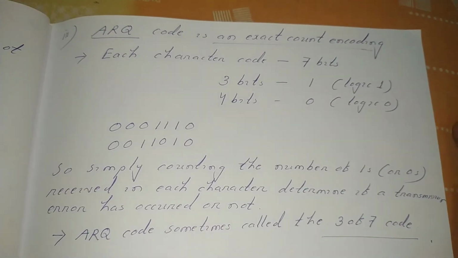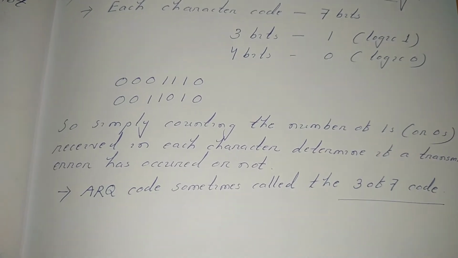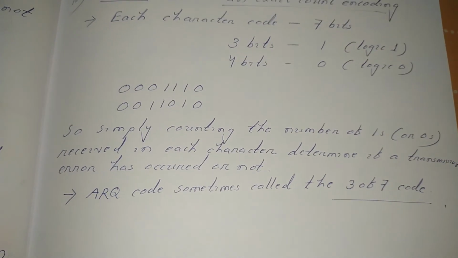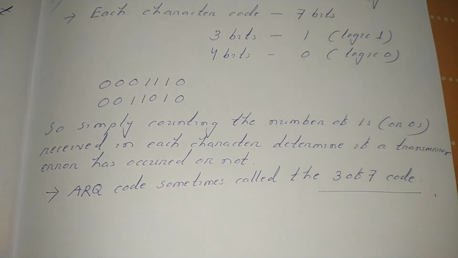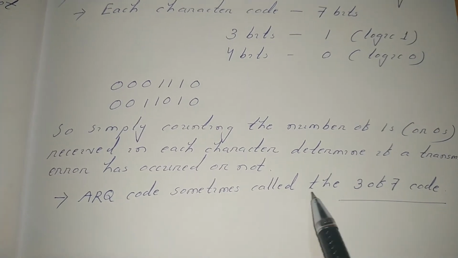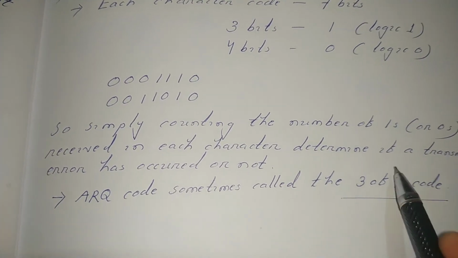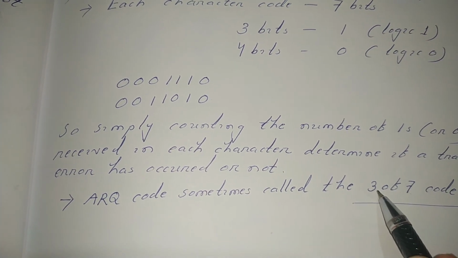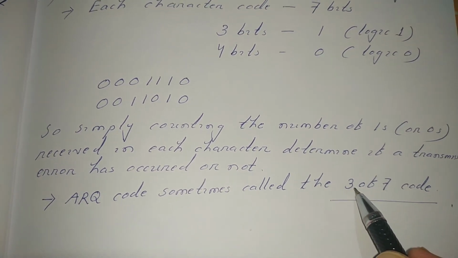So simply counting the number of ones or zeros received in each character determines whether a transmission error has occurred or not. As here 3 ones and 4 zeros are there, sometimes ARQ code is called the 3 of 7 code. That means a total of 7 bits are there, out of which 3 are logic ones. Okay, thank you.